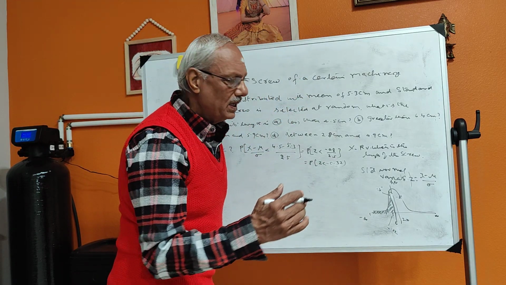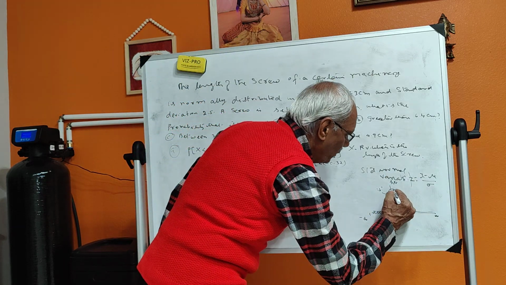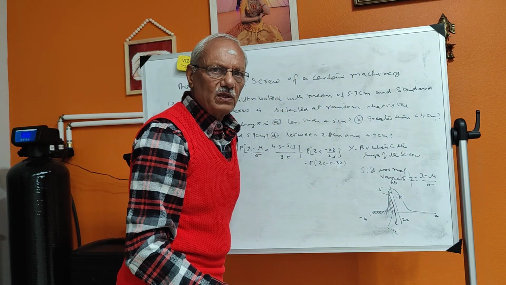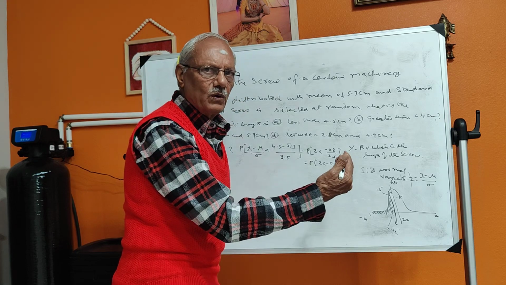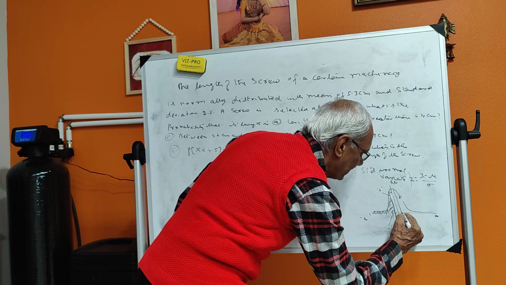But as I told you, z equal to 0 is a line of symmetry. Therefore, you just keep a mirror, and you can find the same thing happening on the right hand side. So instead of finding here, we can find it on the right hand side. If you keep a mirror, it gets reflected like this.